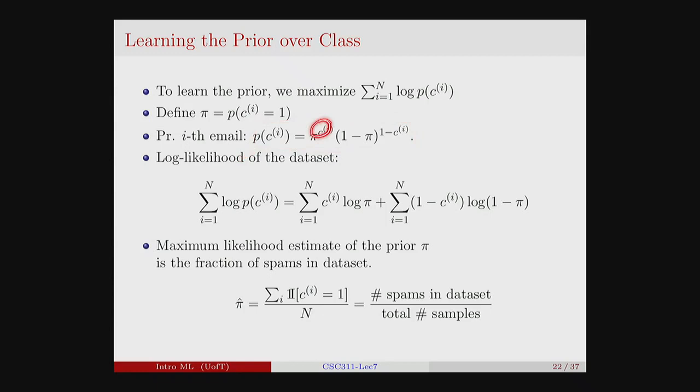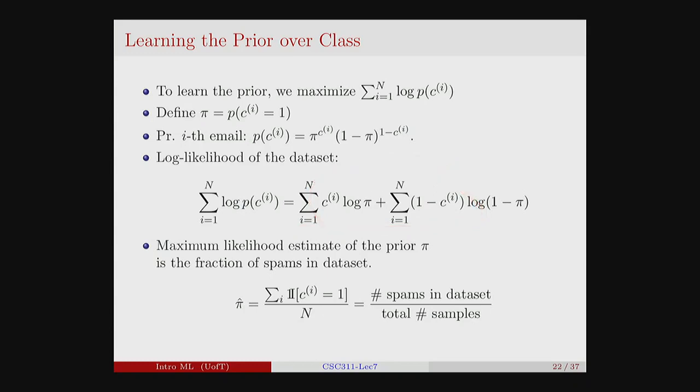So if the email is actually spam, then the probability of it being spam is just pi. But if the email is not spam, the probability is 1 minus pi. And we're writing this down compactly. And so the summation of log PCI is just summation of Ci log pi plus 1 minus Ci log 1 minus pi over each of the n examples.